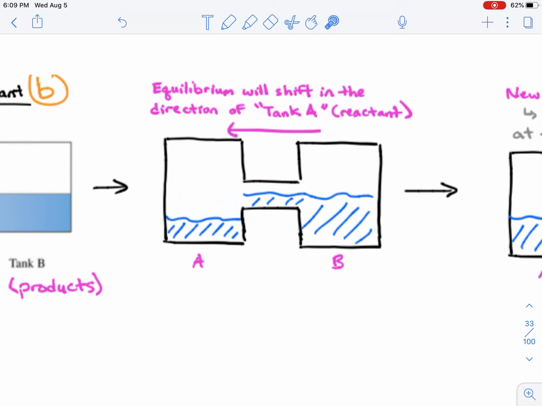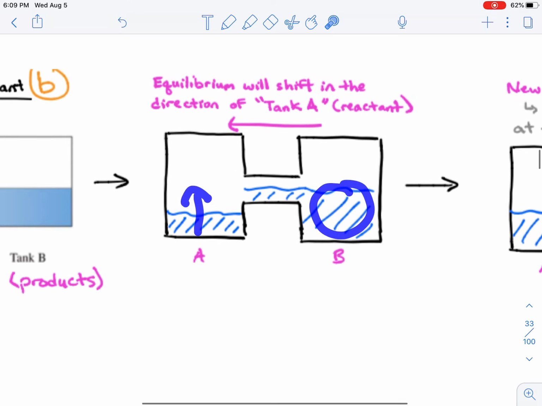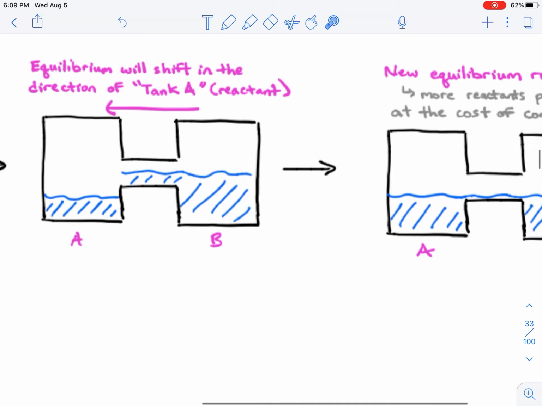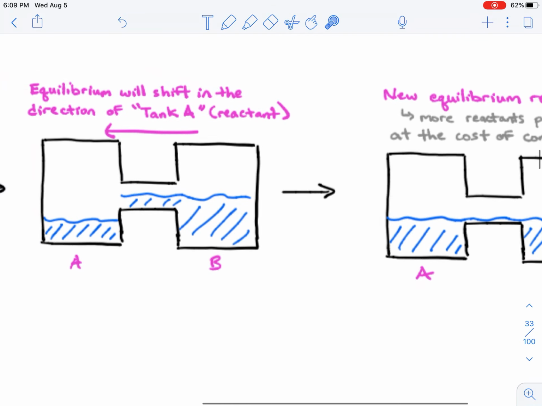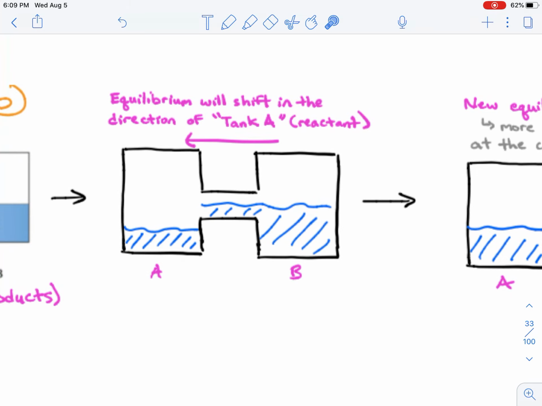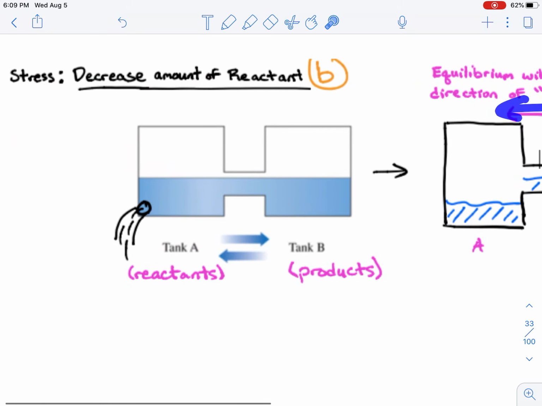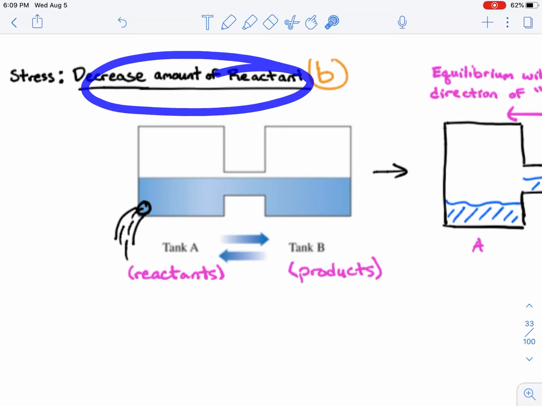Through the consumption of products, we're able to increase the concentration of the reactants until a new equilibrium is reached. So overall, there's going to be a net shift in the direction of the reactants when the amount of reactants is decreased.